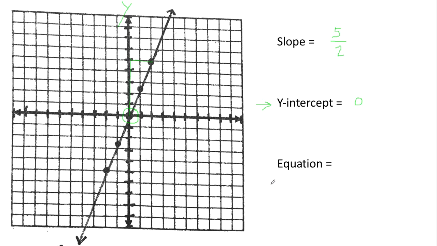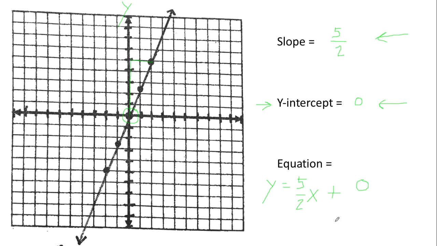So now the equation. Well, the equation started with y equals the slope is 5 over 2, and then x plus the y-intercept, which is 0.